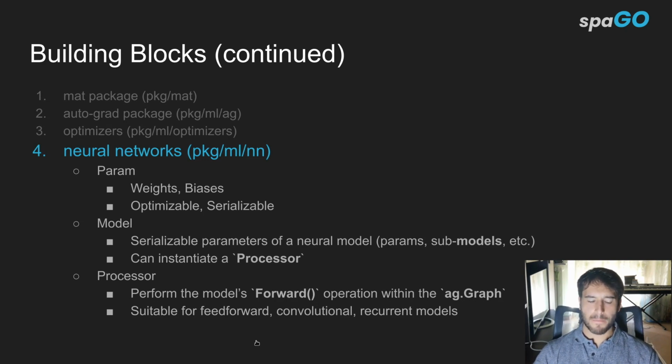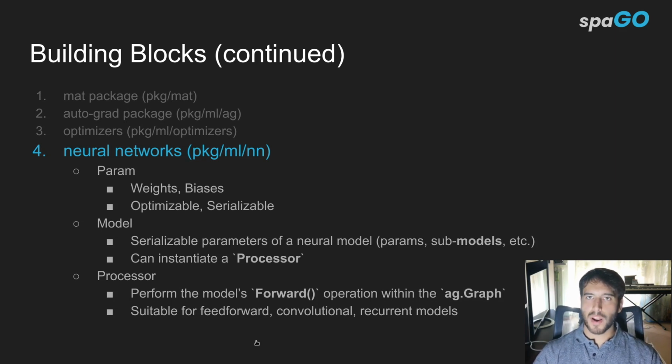The processor, the reason why I had to introduce this concept, which is not common in mainstream machine learning frameworks, is because Go doesn't have much magic, and I want to keep the implementation straightforward. So I came to a point where I had to connect the parameters, like the weights and the biases, within the graph. The parameters are fixed, especially once you train and serialize, whereas the purpose of the graph is to support the forward computation of your neural model.